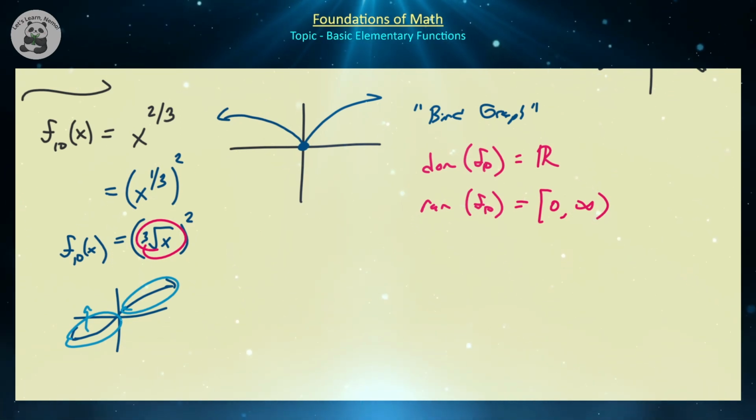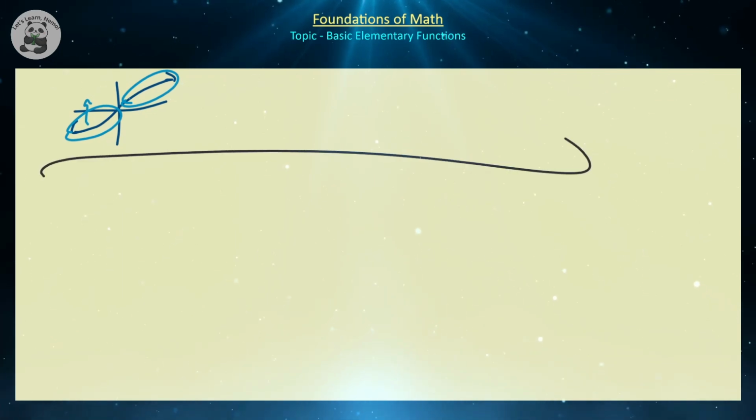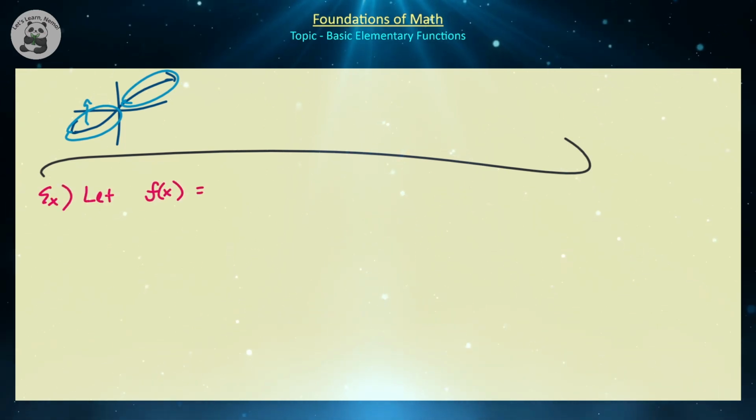Let's mention a couple combinations of these functions that are actually common in analysis problems, in particular calculus. For example, let us assume we define f of x to be equal to the absolute value of x divided by x. What would be the domain and range of this function?